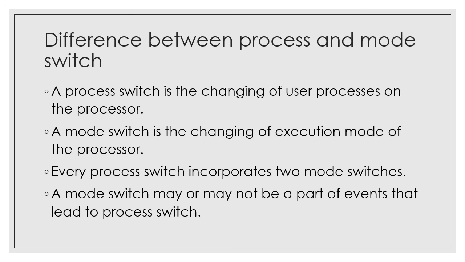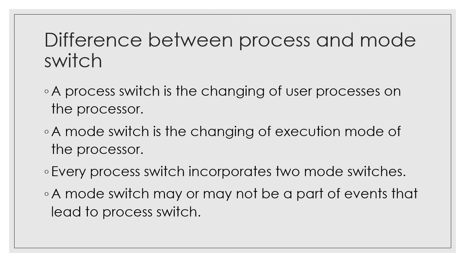If you go back to the two slides where I described the start and end of a process switch, you will see there is a mode switch in the starting part and there is another mode switch in the ending part. A mode switch may or may not be a part of events that lead to process switch.